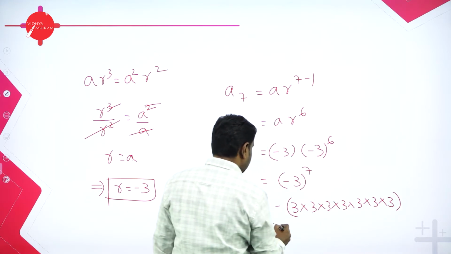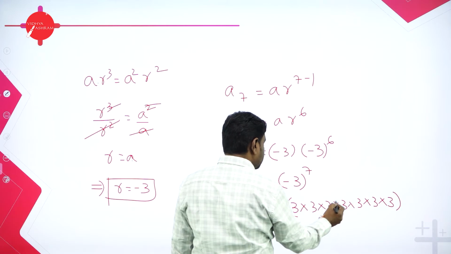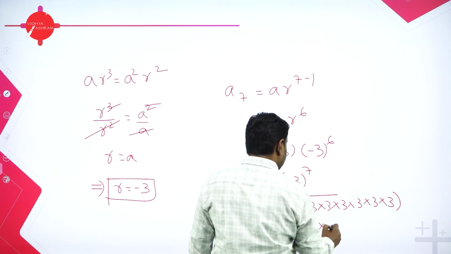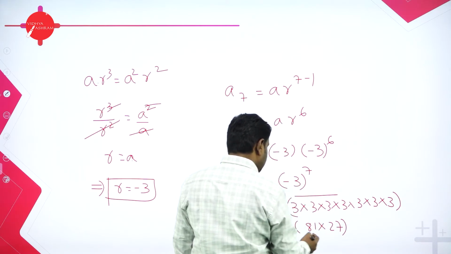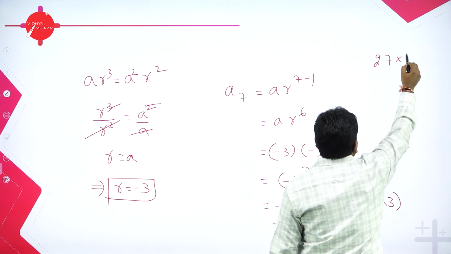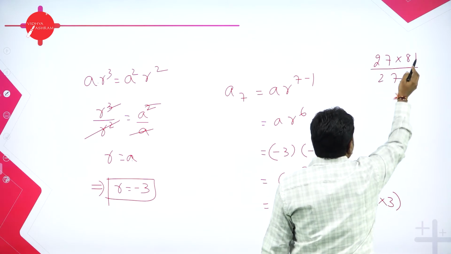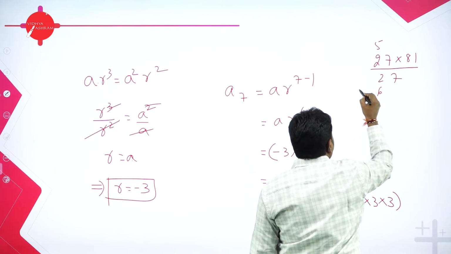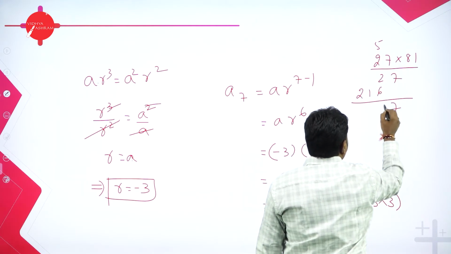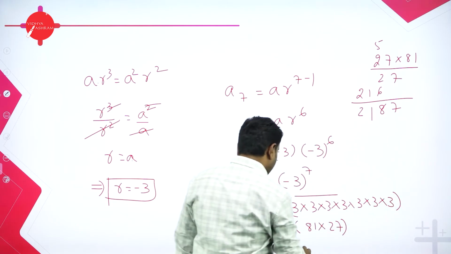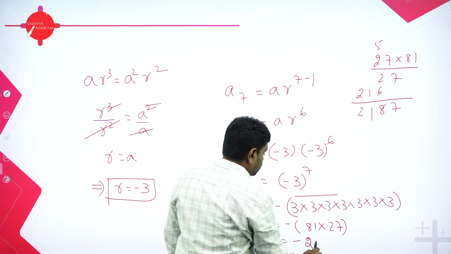All of you know, 3 threes are 9, 3 nines are 27, 3 twenty-sevens are 81, so four 3s have been multiplied. Then 3 threes are 9, 3 nines are 27. So you multiply these two and you'll get the answer: 27 into 81, which is 2187.